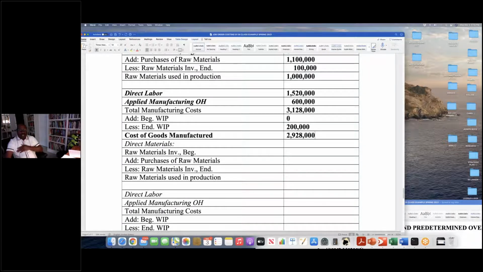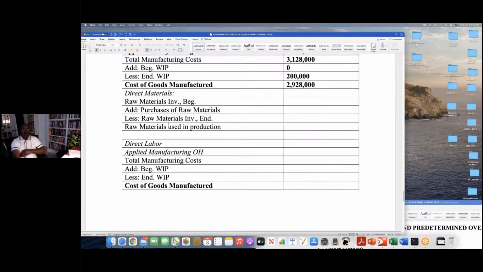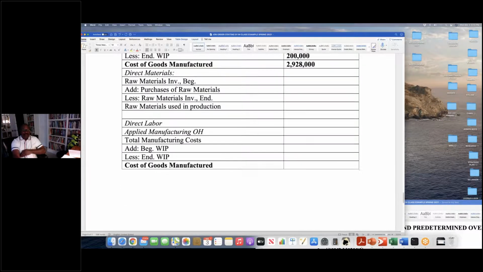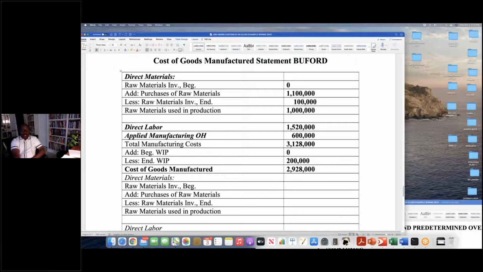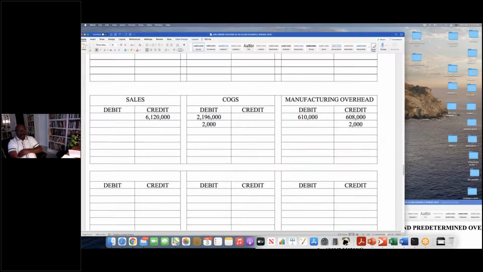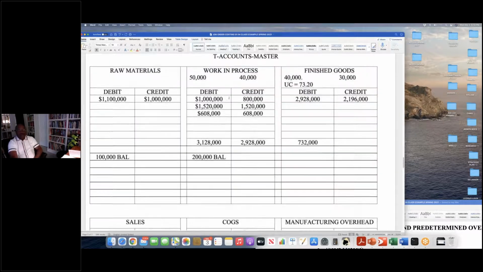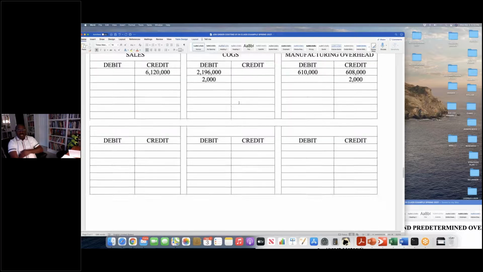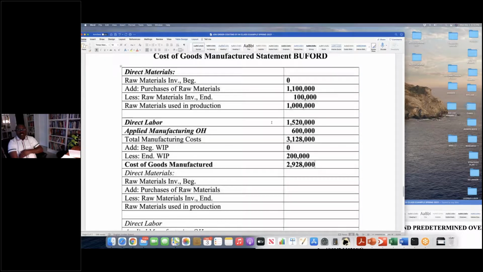What did we do to get that? We subtracted 200,000 from the total manufacturing cost. Okay. And this is just a repeat thing here. In class, I have it on the board, but I would ask, where else have you seen this 2,928,000?